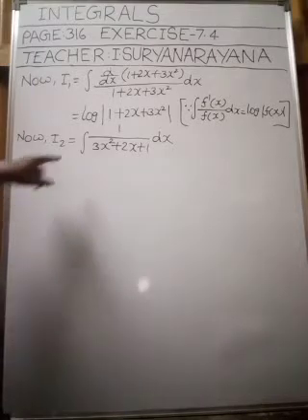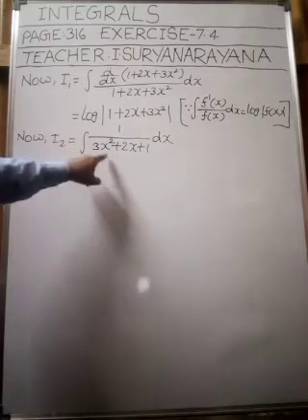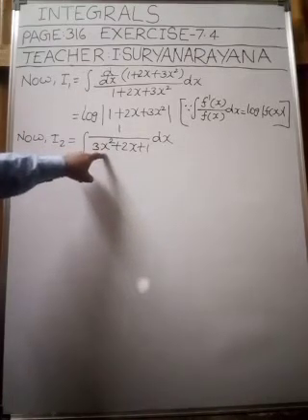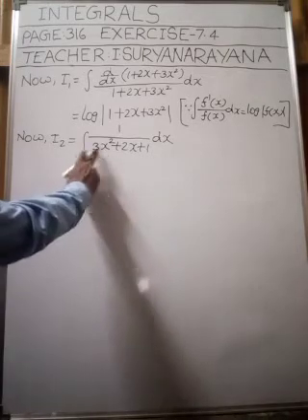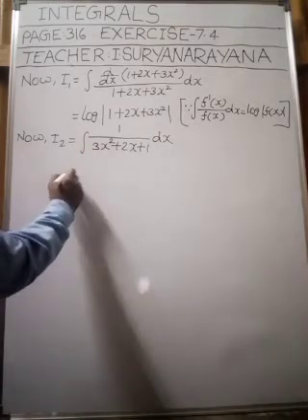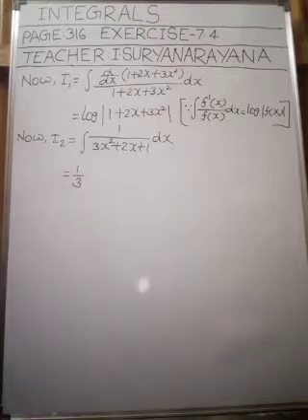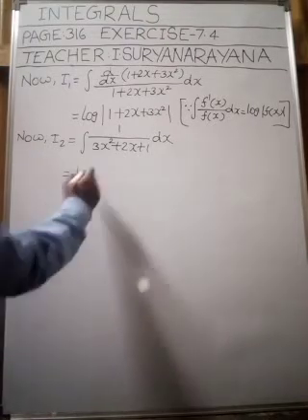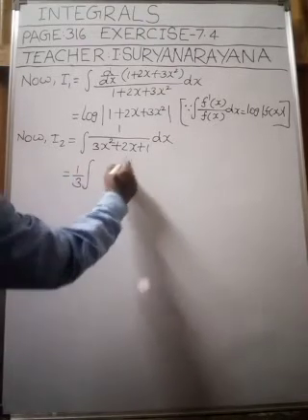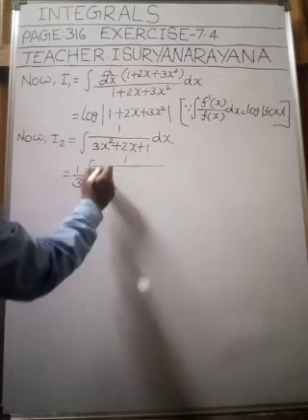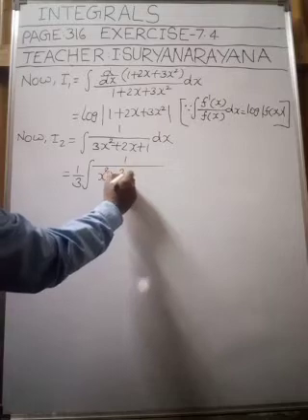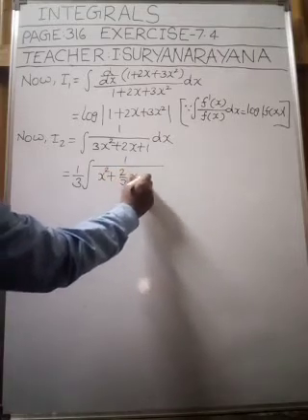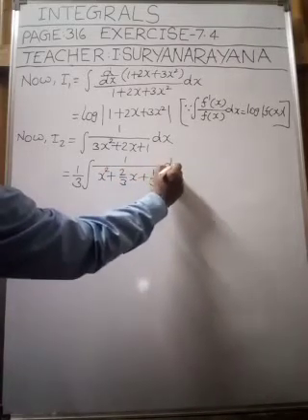Okay, my children, here in the denominator it is a quadratic expression. First we have to make the coefficient of x square as 1. But here what is the coefficient of x square? 3. So let us take it out. 3 is a common factor. So integral 1 by 3, what will you get here? x square plus 2 by 3 x plus 1 by 3 dx.